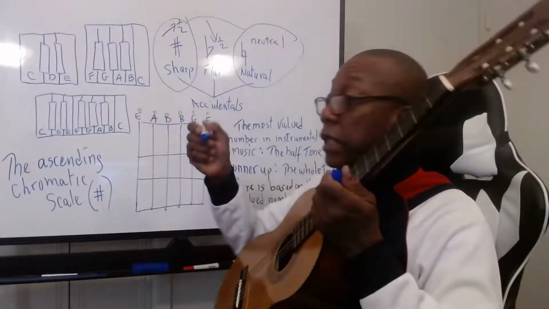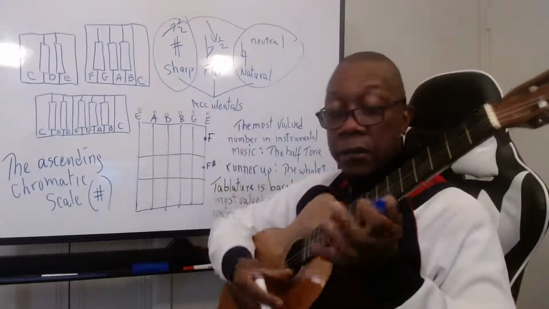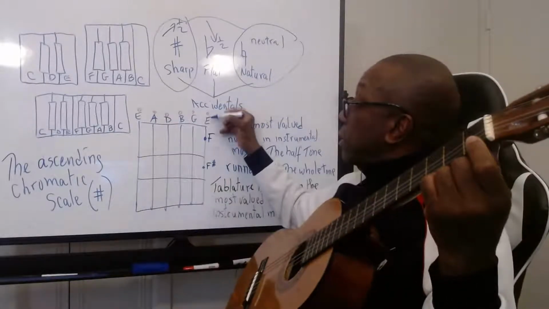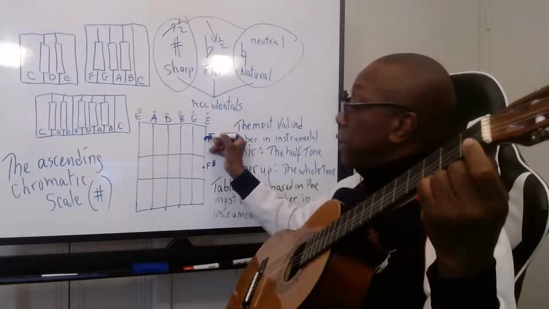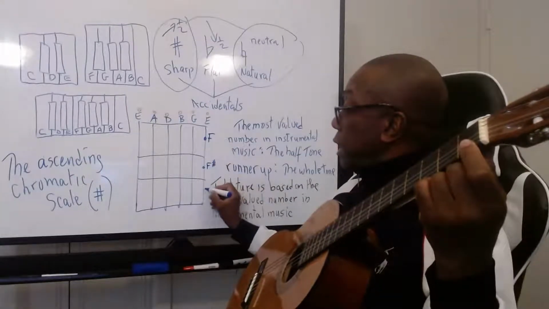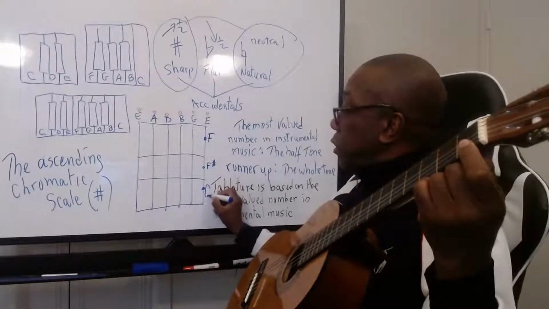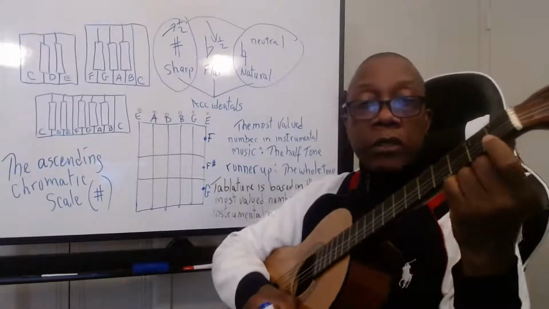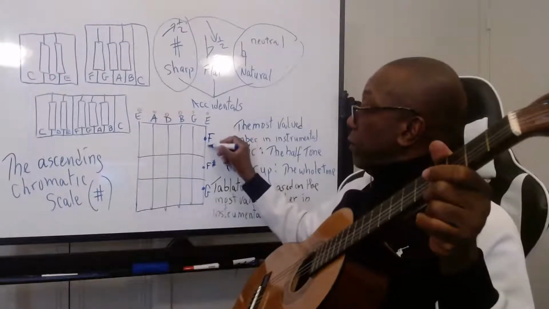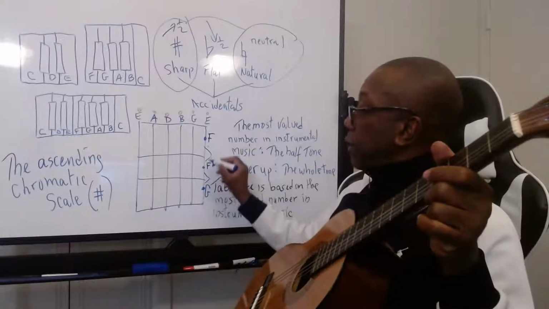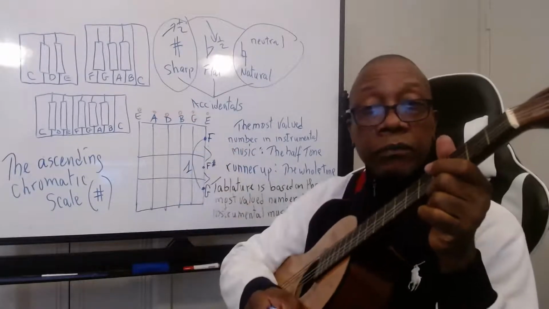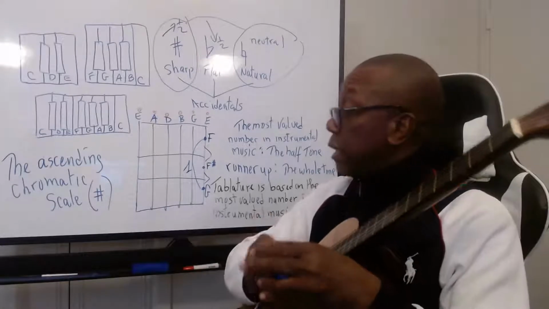So you have open E when I'm not touching it. When I touch the first fret, that's F. The second is F sharp, half step, remember? And the next one is going to be G. If I need a whole step from F to G, I have to go half plus half, and that's where we have one step. All right, let's go to the next one.